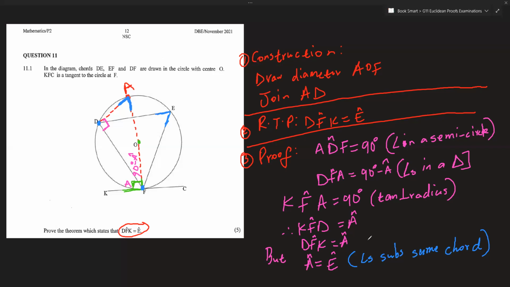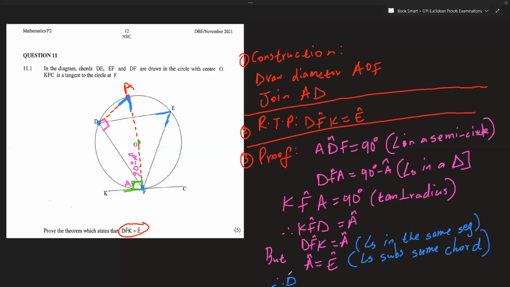Some people say angles in the same segment. This is also a valid reason. So this reason and that one are the same. Therefore, if we prove that this is A and that is A, we can also conclude that this and that are equal.